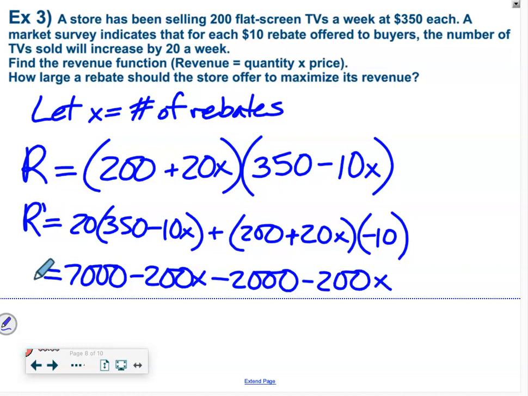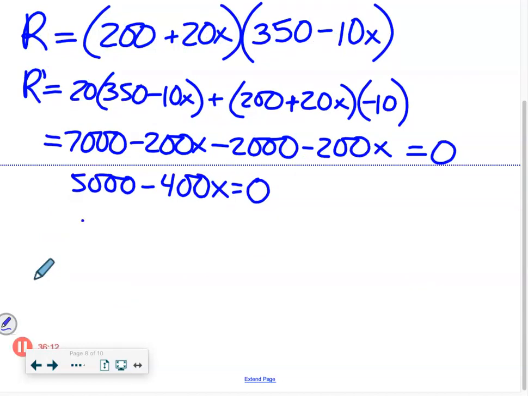All right, so I'm going to set this equal to 0. So I get 5,000 minus 400x equals 0. So x equals 50 divided by 4, so 25 halves, or 12 and a half. Okay. All right, so did you guys get that? Yes? Okay.